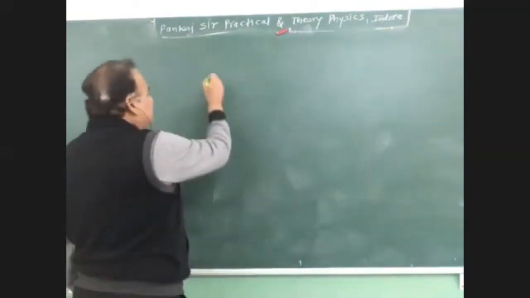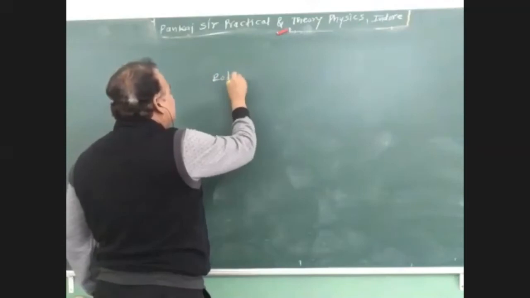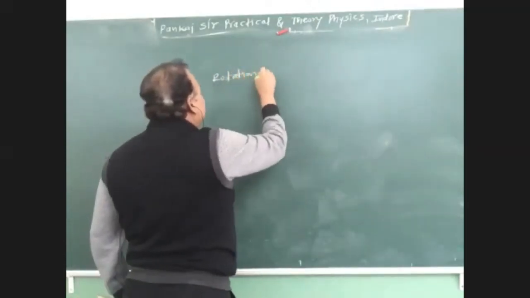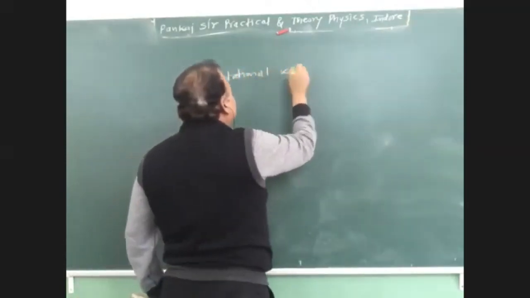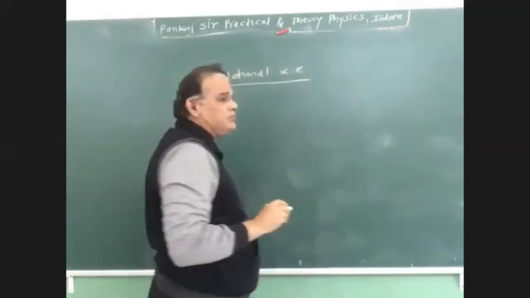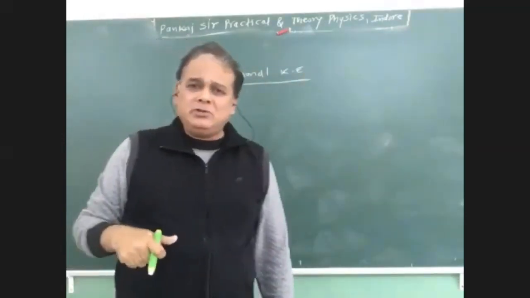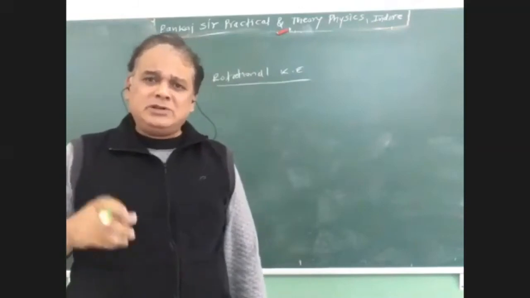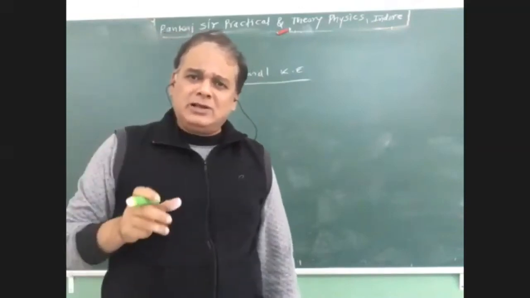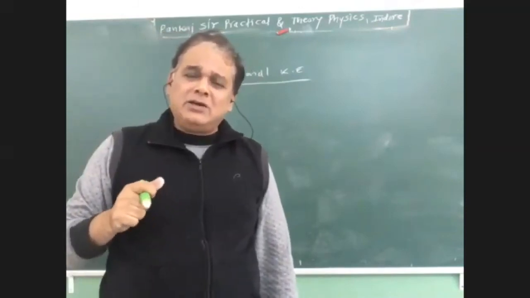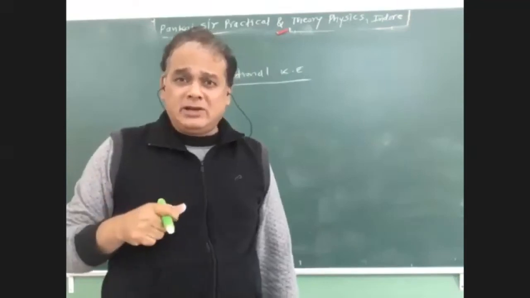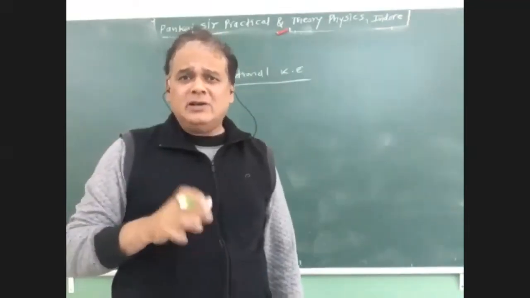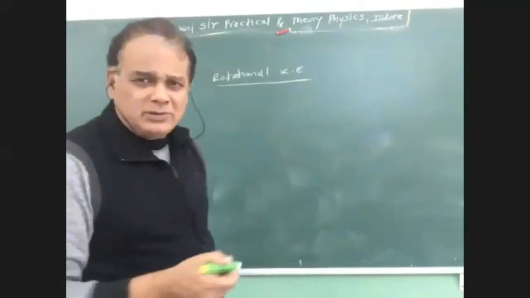Okay. So I am finding now rotational kinetic energy. Actually, this is the first time I am giving you the rotational kinetic energy derivation so short. Otherwise, I was always deriving in a different manner. एक एक पार्टिकल लेके मैं करता था, पर ठीक है इस साल आपको छोटा बता देते हैं.